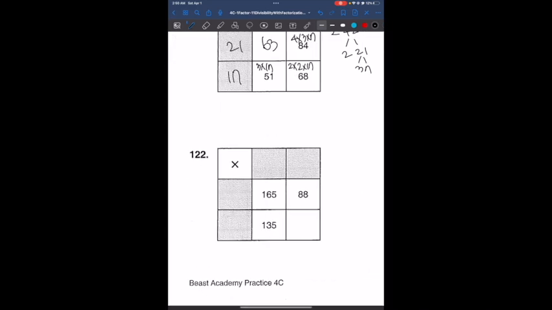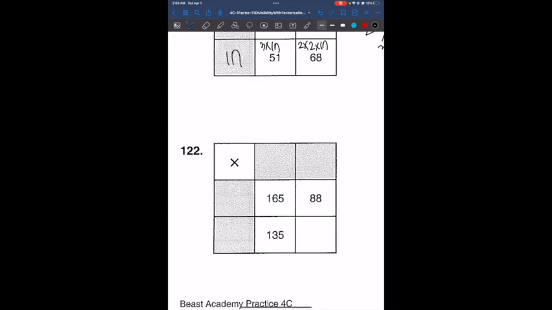For problem 122, 165 can be written as 5 times 33, so it's going to be written as 3 times 5 times 11. 88 can be expressed as 2 times 2 times 2 times 11.